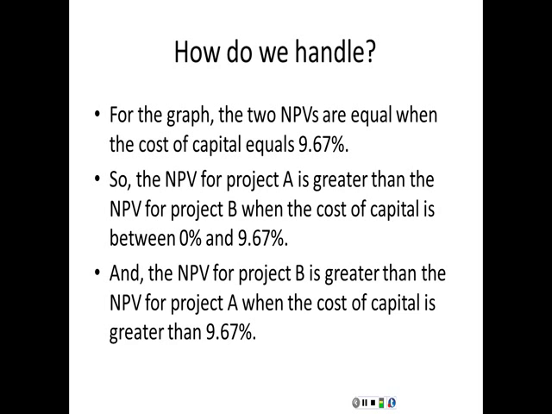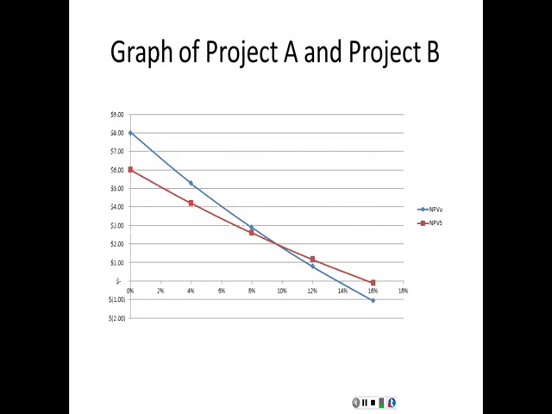So let's go back to this graph for a minute. I know I hate doing this, but let's do it. So from 0% all the way up to 9.67, I'm going to put the cursor where they intersect here. Project A has a higher NPV than Project B. So my decision rule would be take Project A from 0% all the way up to 9.67%.